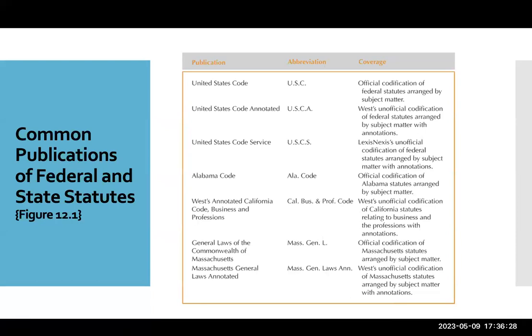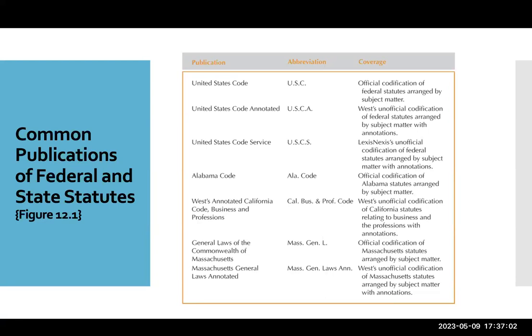So we almost always begin our research into statutory law by looking at the unofficial codifications of the statutes. In California, we have the California codes that are published by the California government, but most practitioners would start with the California annotated codes published by West Publishing. The slide in front of you shows common abbreviations for some federal and state statutes.